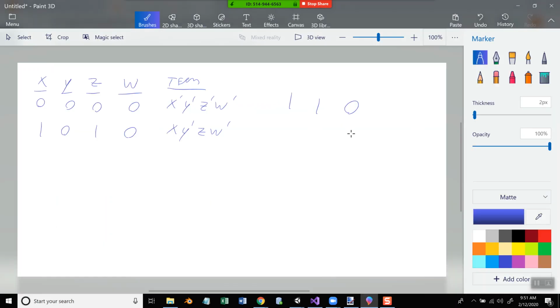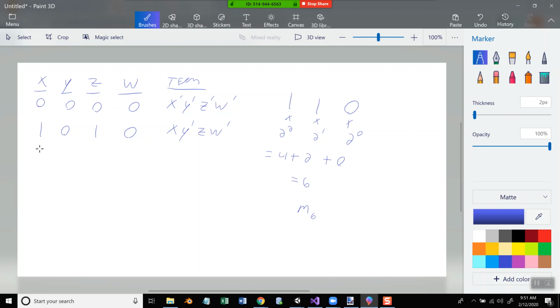Well, if I consider this a binary number, that's 2 to the 0, 2 to the first, 2 squared. And remember, you multiply these. So 2 squared is 4, 1 times 4 is 4. 2 to the first is 2, times 1 is 2. 2 to the 0 is 1, times 0 is 0, which gives us 6. And that's why it's M sub 6.